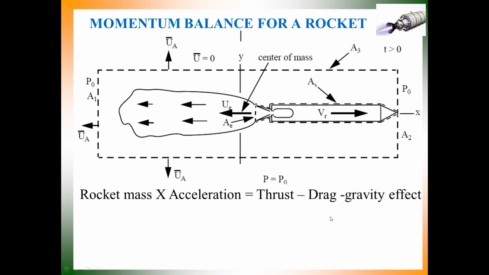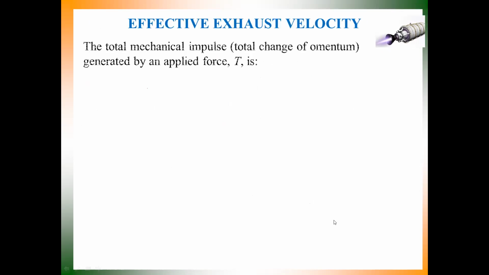The dynamic drag also denies the motion. Gravity also accelerates an object in the opposite direction, downward. So rocket mass times rocket acceleration is equal to thrust minus drag minus gravity effect. This is a simple expression for the rocket.